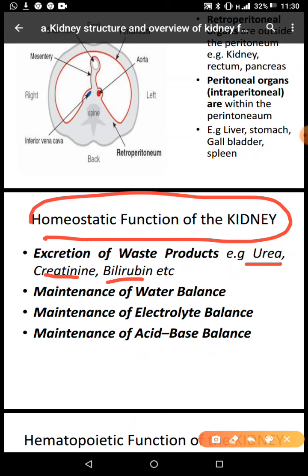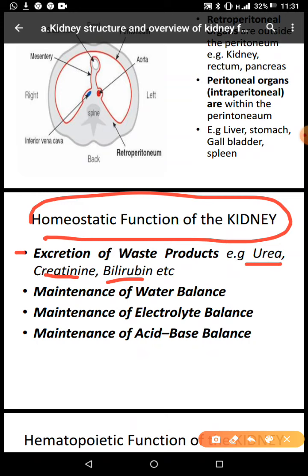These values are high in conditions where there is kidney failure or urinary tract obstruction. Because the kidney is an organ that should remove these wastes, if they begin to accumulate in the body, it means there's a problem with the kidneys.